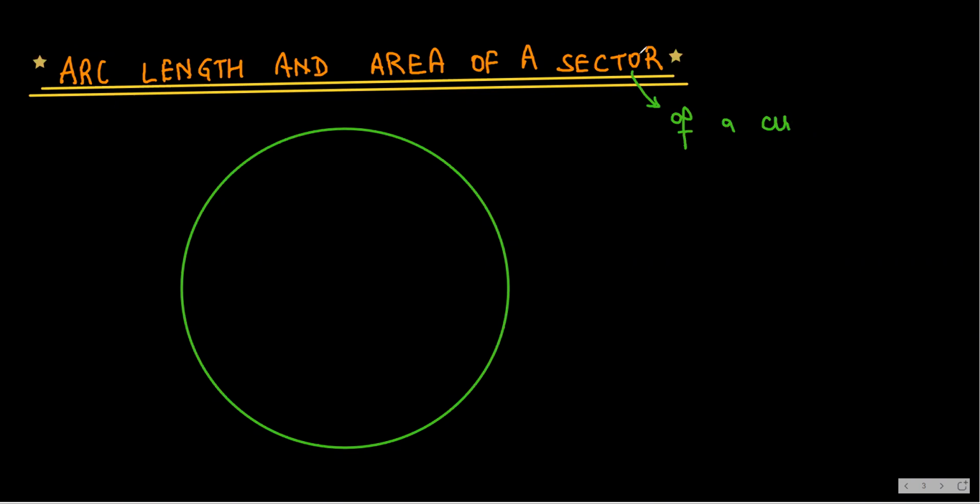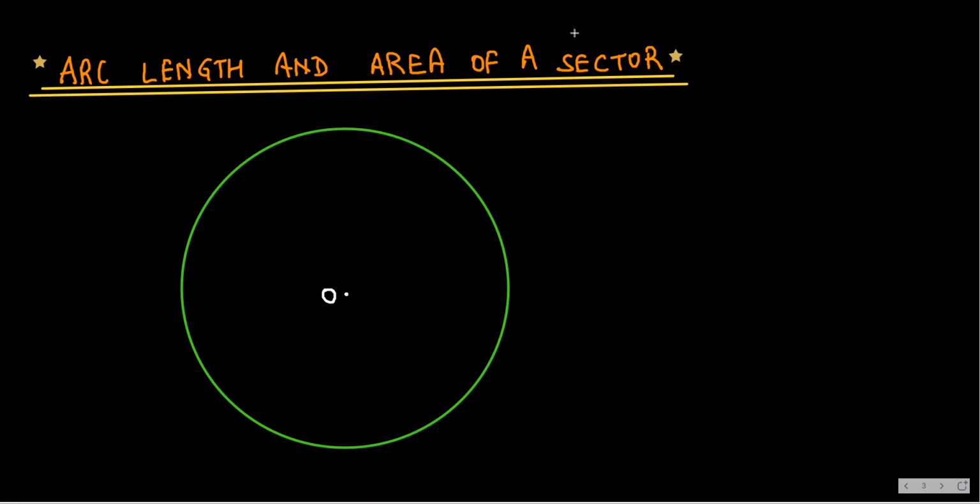Okay. So what I'll do is I will take a reference circle. So here I have a reference circle, and this circle has center O. Let the center of the circle be O. Now, as usual, I am intending to form an angle.